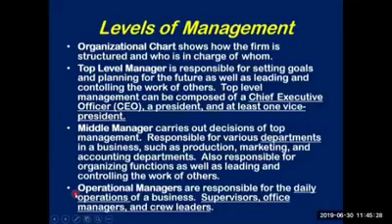Mostly these 3 levels that I am going to discuss here are followed in most organizations. Top level manager. He is responsible for setting goals and planning for the future, as well as leading and controlling the work of others. Top level management can be composed of a chief executive officer, CEO, a president, and at least one vice president.